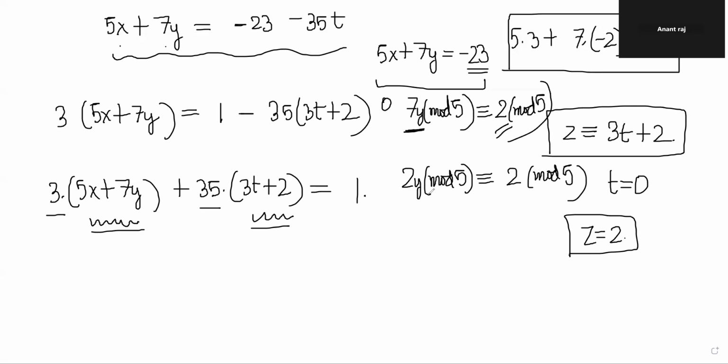Since 2 and 5 are co-prime, relatively prime to each other, we can divide by 2. So y is congruent to 1 mod 5.